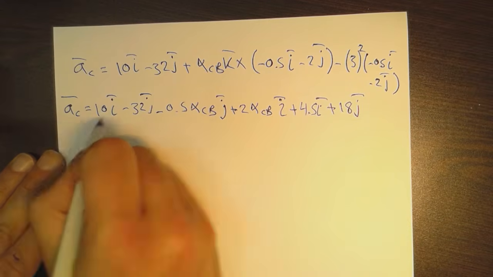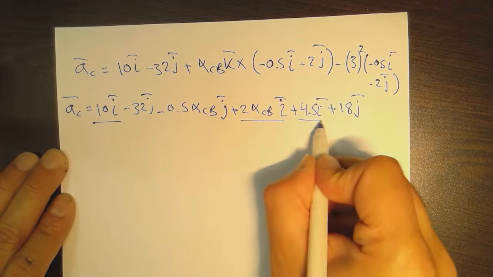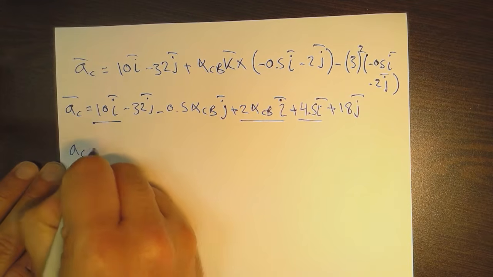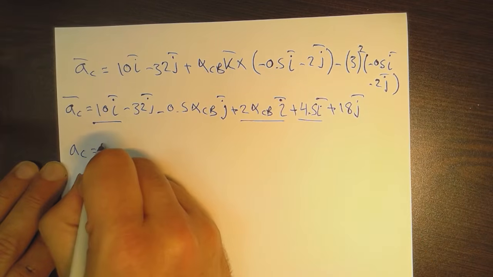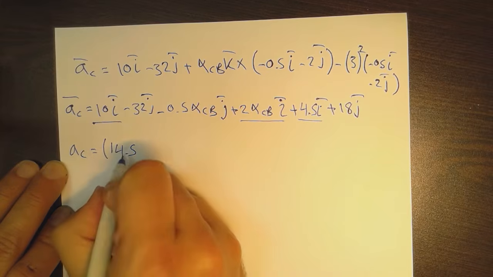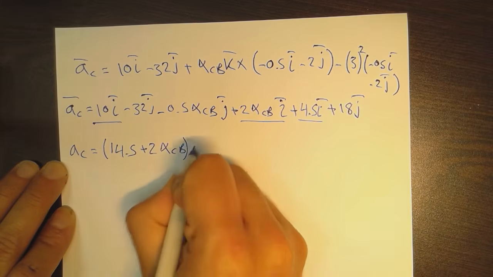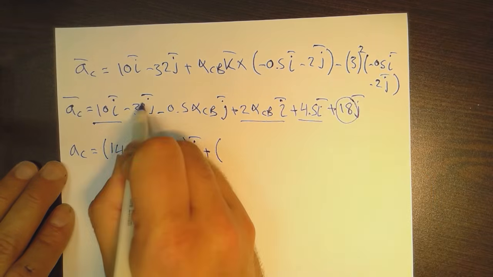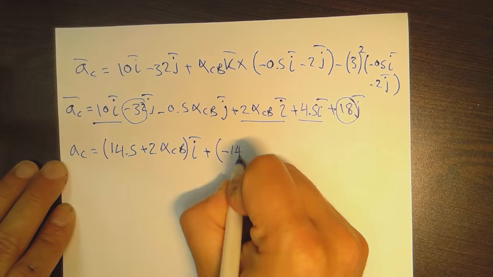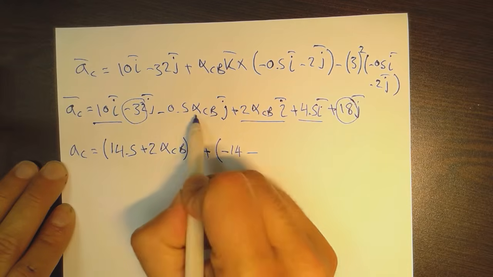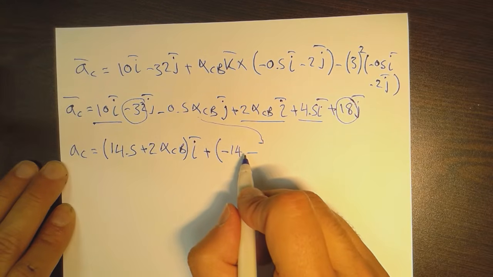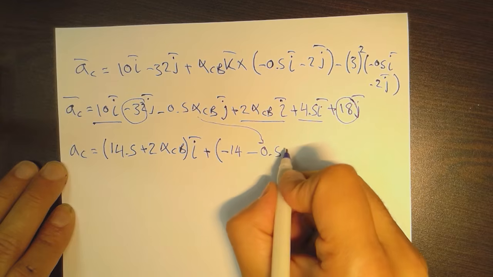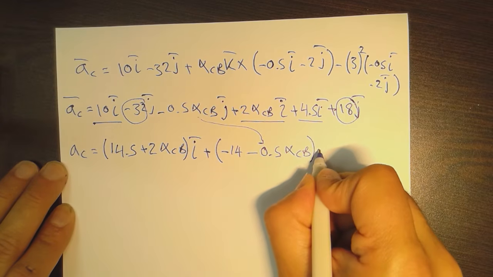So AC now, at the end of the day, is gonna equal 10 plus 4.5, which is 14.5 plus 2 alpha CB I, and this is plus, combining 18 with minus 32 would give us minus 14, and this guy is going to be plugged in here like it is, but it's going to change the sign, 0.5 alpha CB, and this is J.